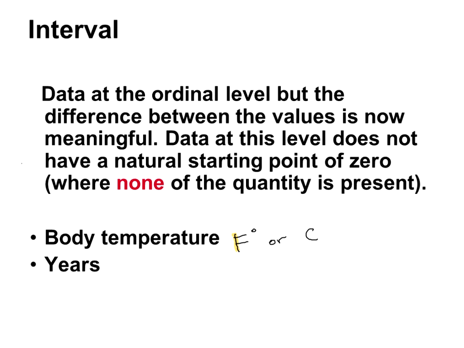When it's not indicated what measurement it is, we always assume it's either Fahrenheit or Celsius. The reason this is interval data is because there's no natural starting point of 0. Heat does not start at 0 for temperatures.